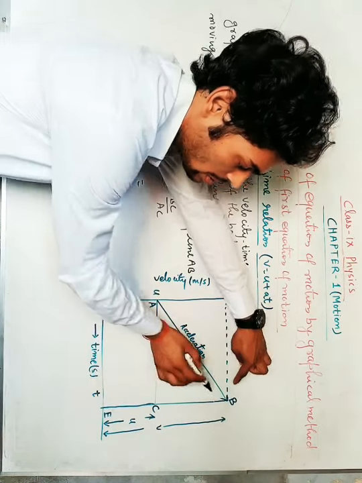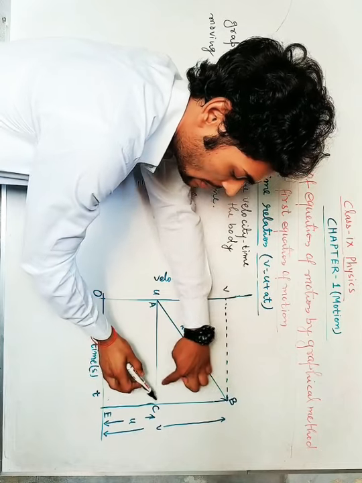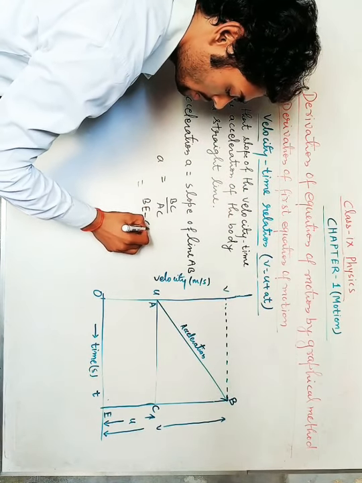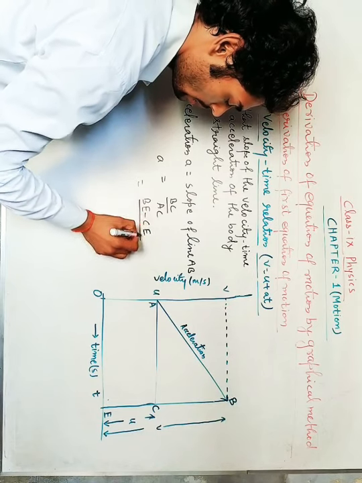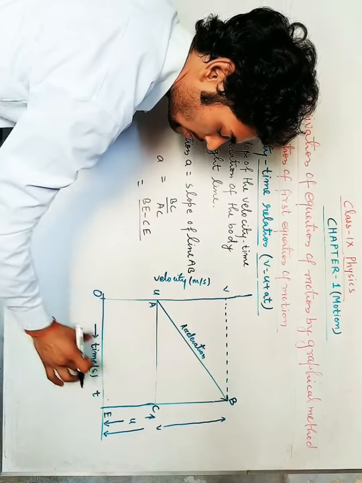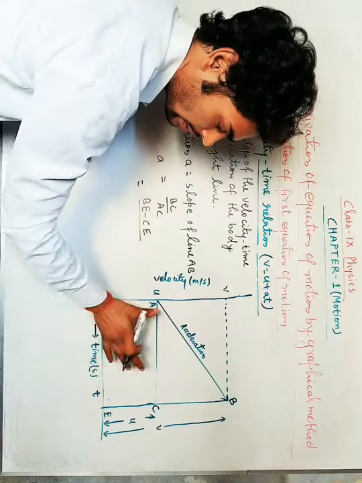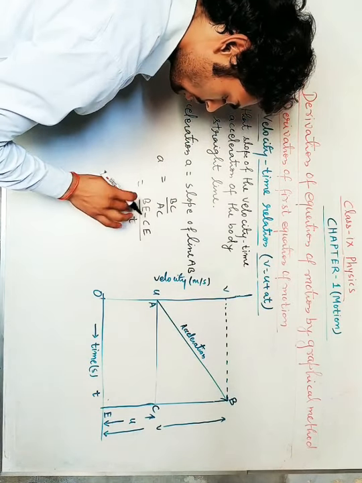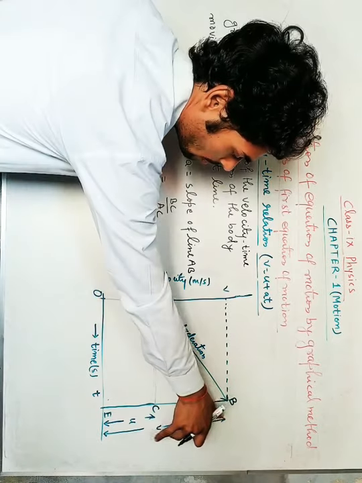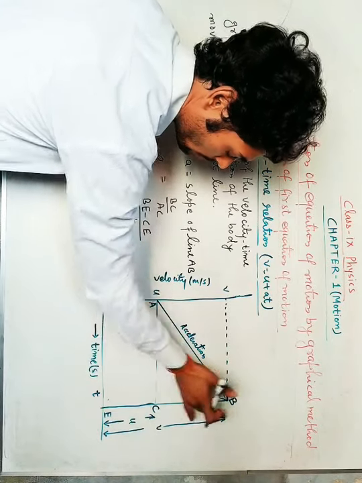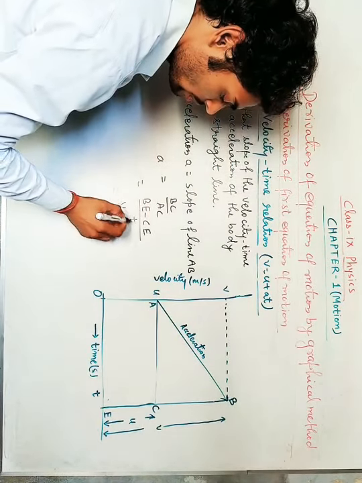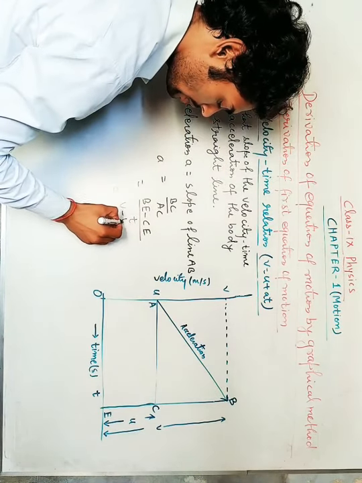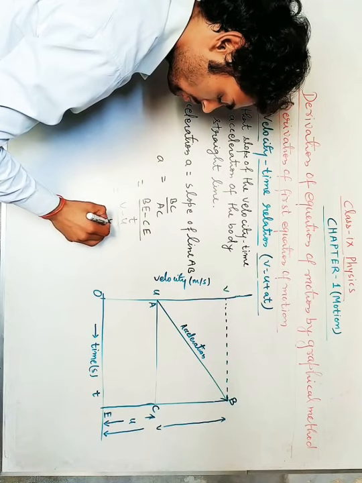BE minus CE. So acceleration equal BE minus CE by AC, and OE equal AC equal t. Then what is the value of BE? BE is the final velocity v, the value of CE is the initial velocity u, and the value of AC equal t.